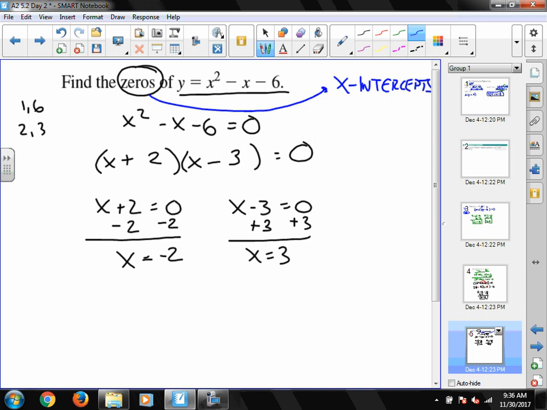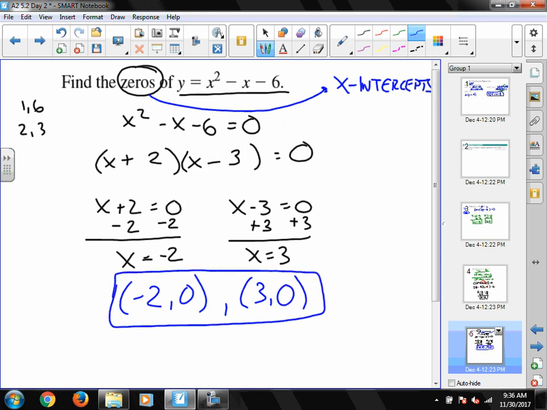So we're going to get the points negative 2, 0, and 3, 0. Same idea, just a slightly different way of asking that.